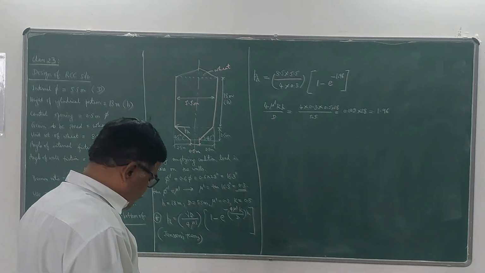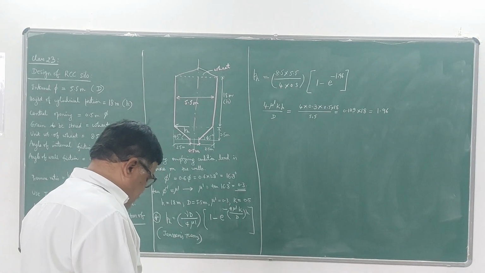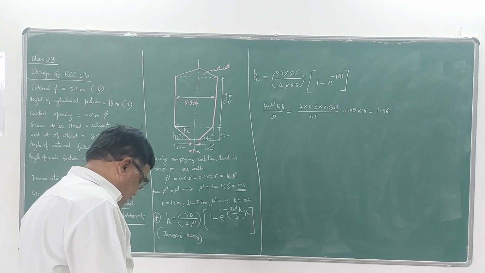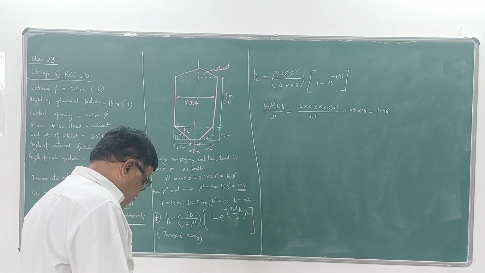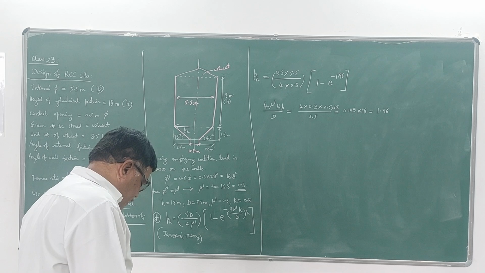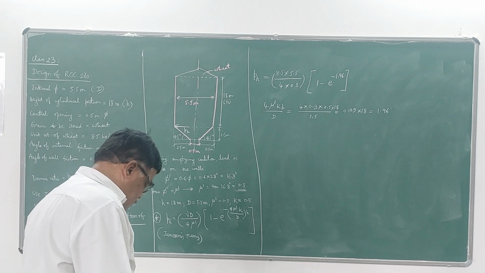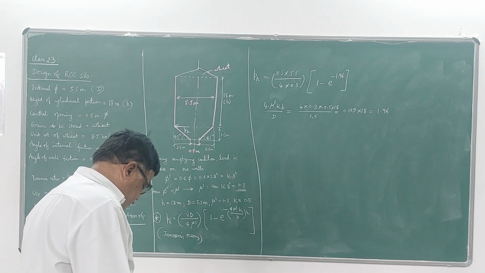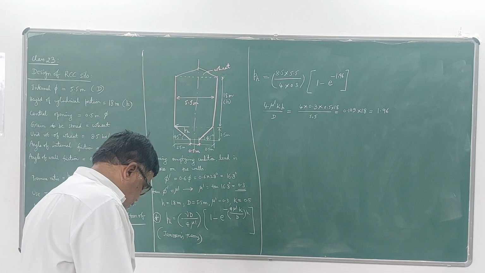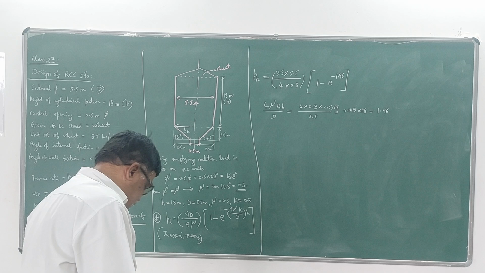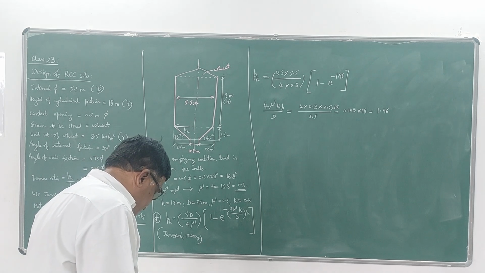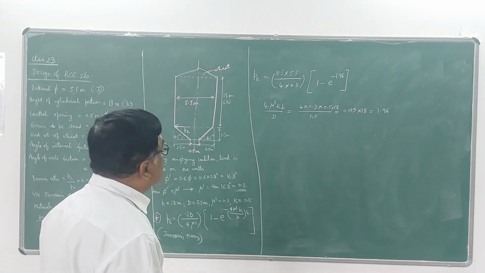E to the power of minus 1.96. So that value we have to get. E to the power minus 1.96.